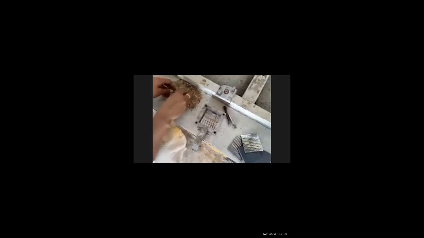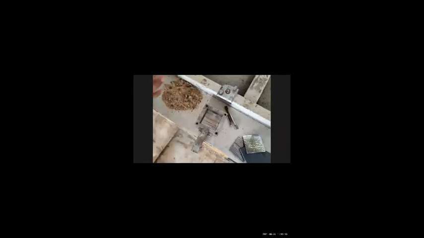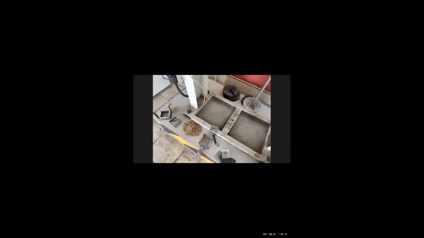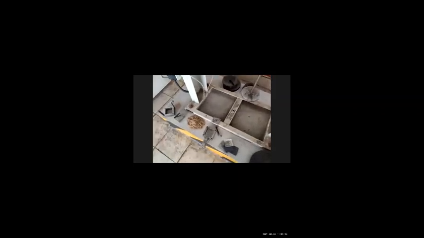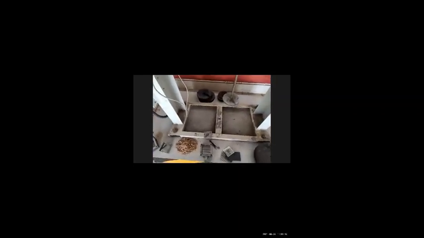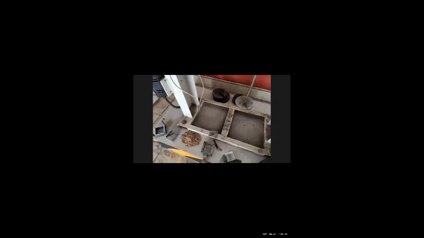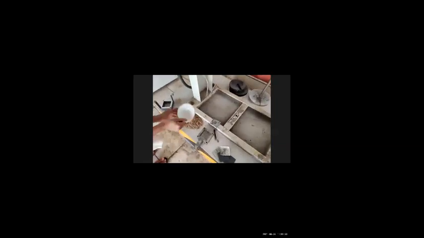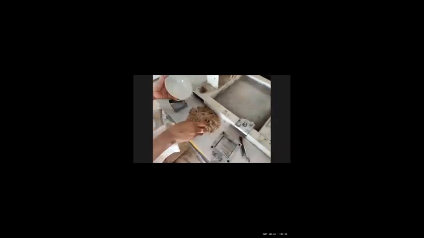First of all, we have to measure the weight of this soil sample. So use a container, a porcelain bowl, for the weight measurement.